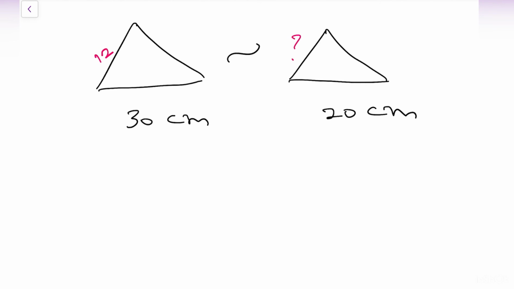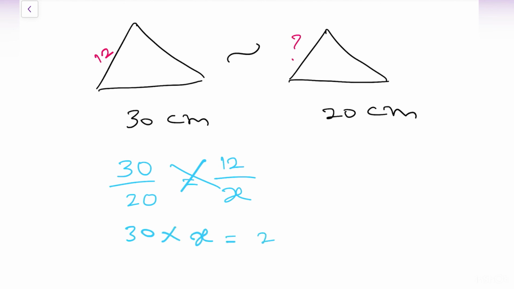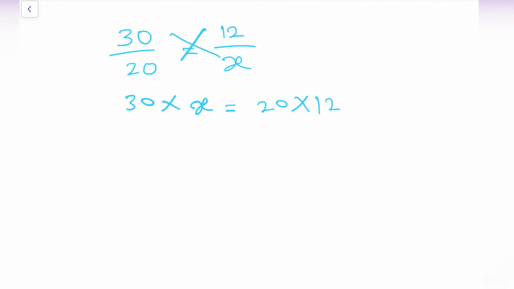So the perimeter of the first triangle divided by the perimeter of the second triangle equals one of the sides of the first triangle by the corresponding side of the second triangle. If we do cross multiplication, 30 into x equals 20 into 12. We want the x value, so take 30 to the right side.